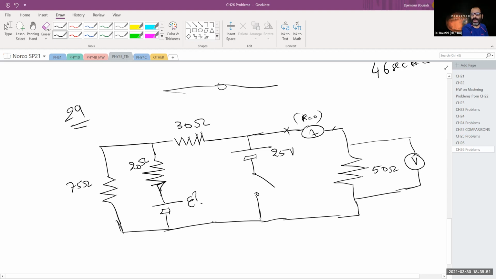That means the voltage drop between this point and that point is 0 because it's an ideal one. And the resistance in here is an open circuit. It's an infinite resistance. That means that the voltage drop between here and here is exactly the voltage drop between this point and that point. That means there is no current flowing through it. I is equal to 0 going through here, and R is equal to 0 for the ammeter. That's exactly what this thing is, okay?